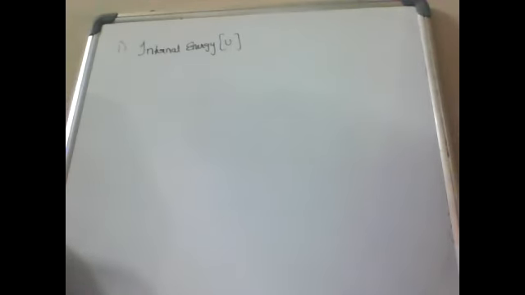From the thermodynamic first equation, for a complete cycle the change in internal energy is zero because the system returns to its initial state.